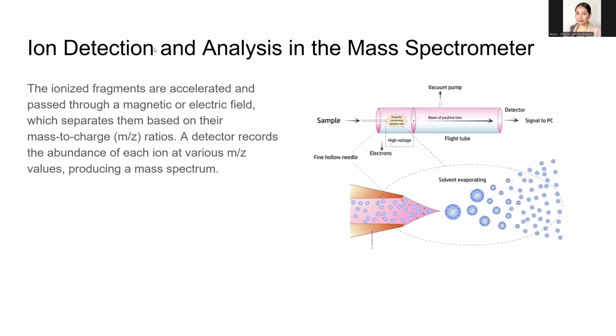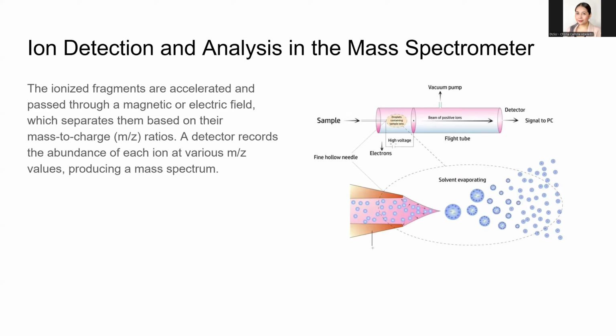And then for step 6, this is ion detection and analysis in the mass spectrometer. So the mass spectrometer sorts the ionized fragments according to their mass to charge ratio using a mass analyzer. So the two most common mass analyzers would be a quadrupole or a time of flight or TOF mass analyzer.